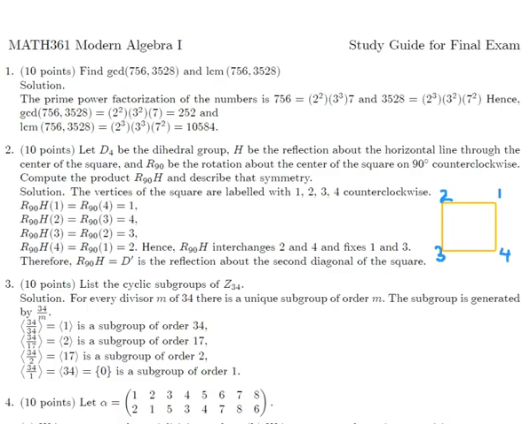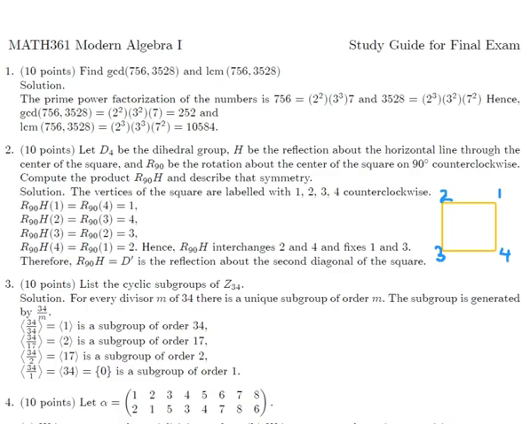So as a result, this composition sends 3 to 3. And R90H of 4: first H acts on 4, it sends 4 to 1, and then R90 sends 1 to 2.